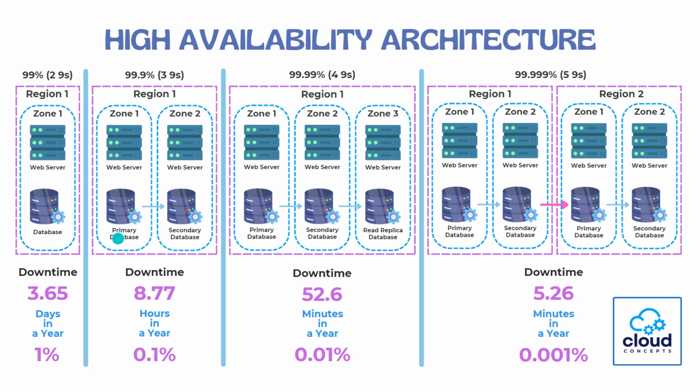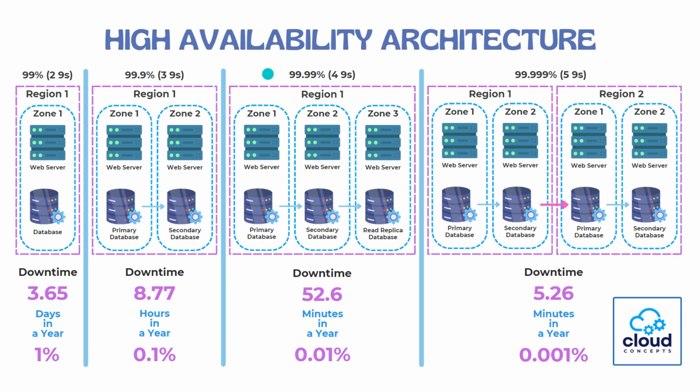So if there's a disturbance in this one data center, the second data center picks up the traffic, and this secondary database becomes the primary. This scenario allows us to reduce our downtime. So we'll have 8.77 hours of downtime a year, and that translates to 0.1% of downtime overall.